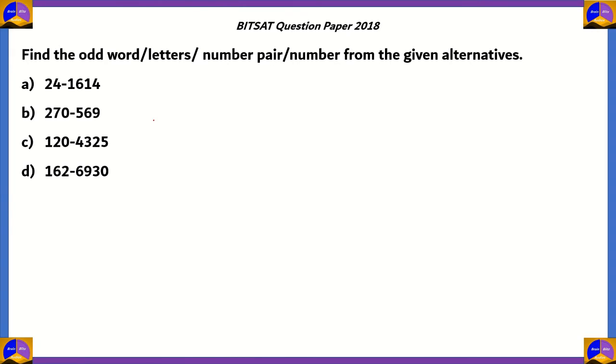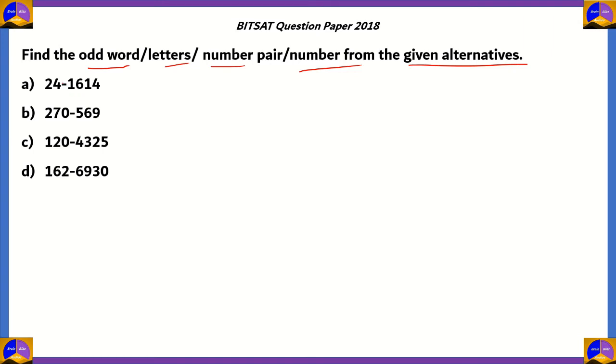Now, the next question. Find the odd word, letters, number pair, or number from the given alternatives. We have 24 related with 1614, 270 related to 569, 120 related to 4325, and 162 related to 6930. So let's look at both of these numbers.